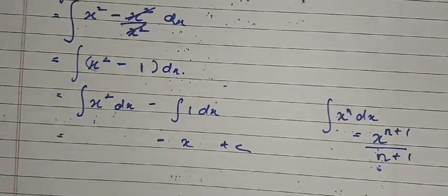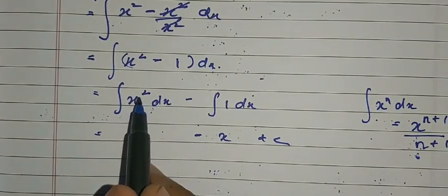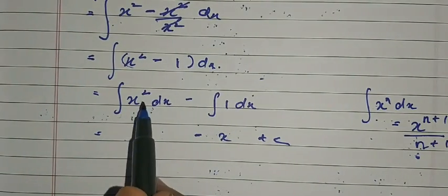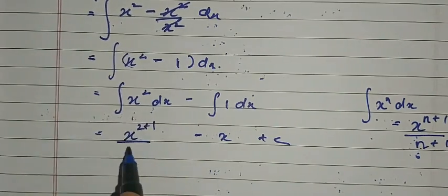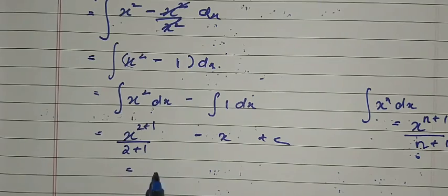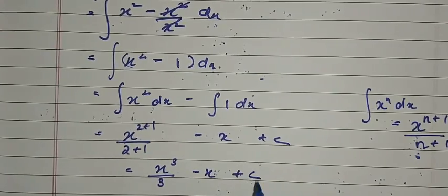I will write it here. So when I write it here, what would it be? Here n is equal to 2, so it will be x raised to 2 plus 1 by 2 plus 1. It will be x raised to 3 by 3 minus x plus c.